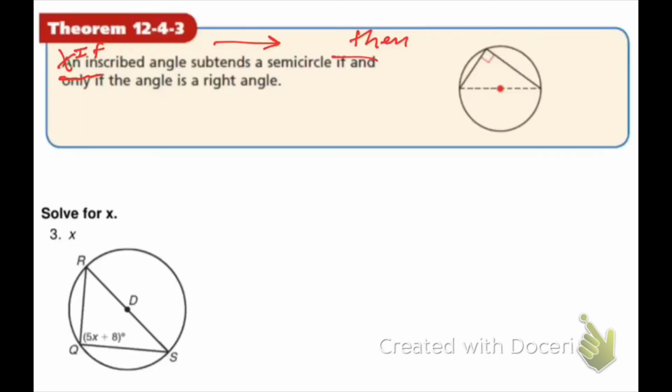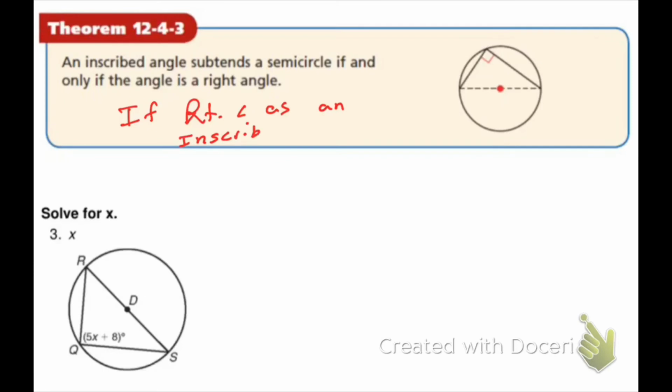Conversely, working the opposite direction, we're going to say that if we have a right angle as an inscribed angle, then it subtends a semicircle.